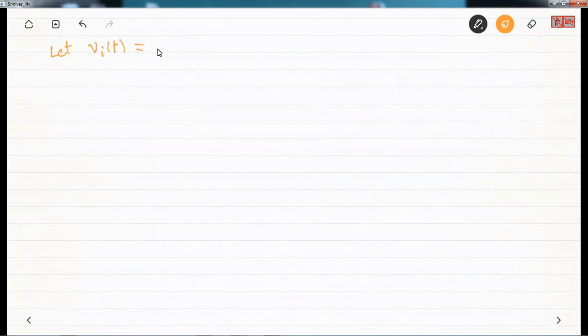So let Vi of t be, I'm simply writing, Ac cos 2 pi f1t plus 2 pi kf integral 0 to t m of t dt.